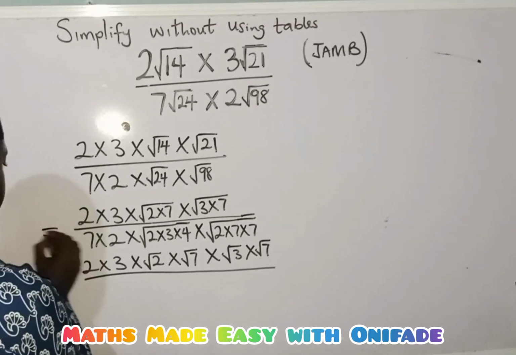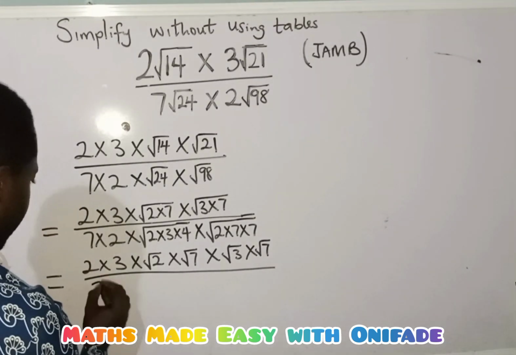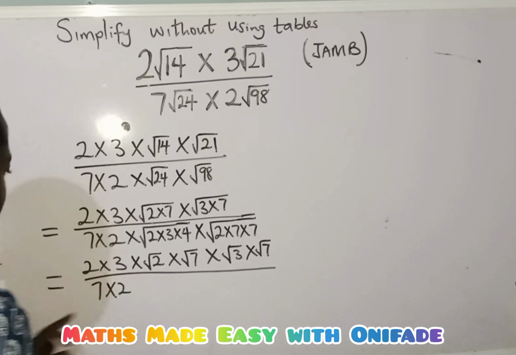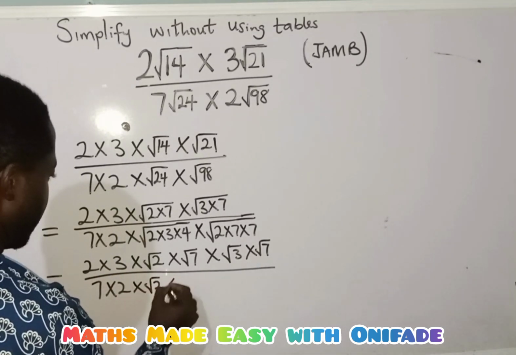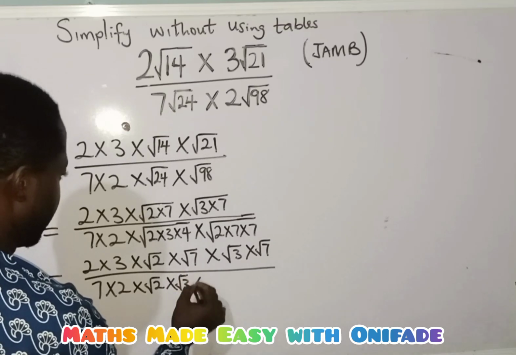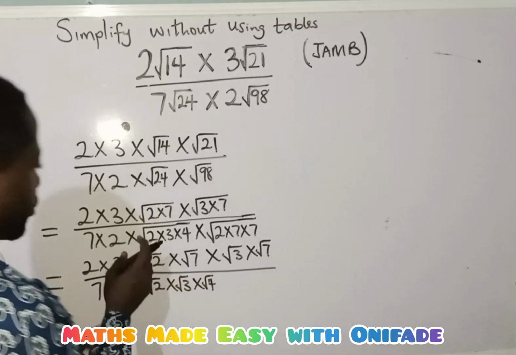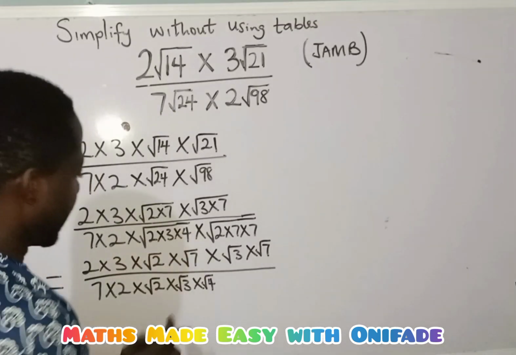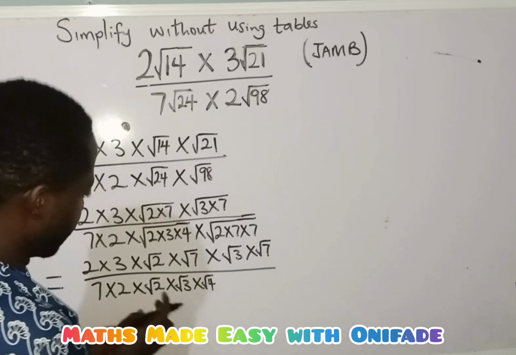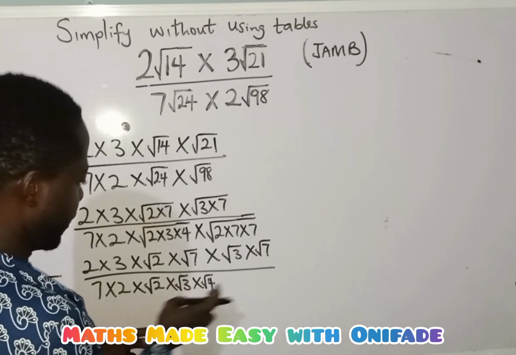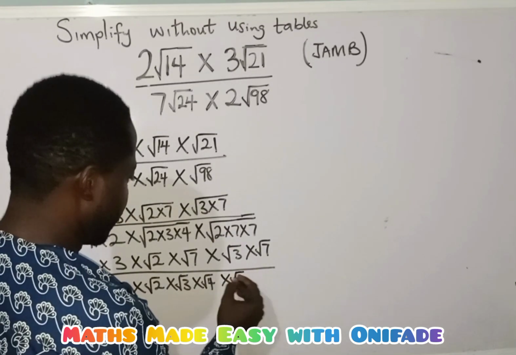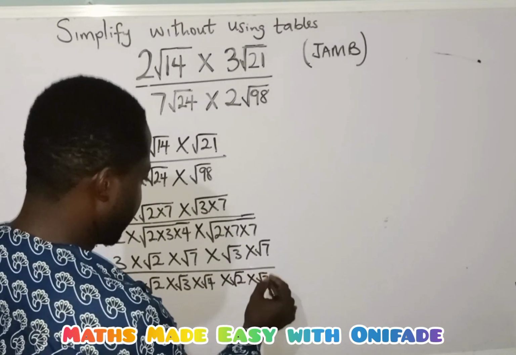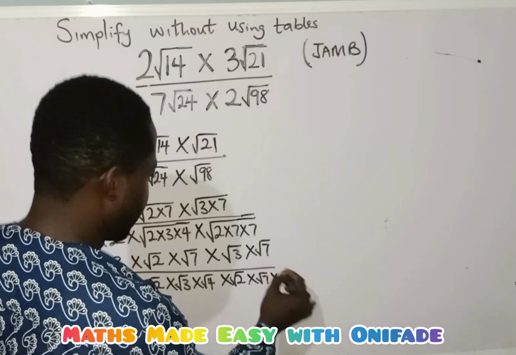For the denominator, I'm going to have 7 times 2 multiplied by root 2 multiplied by root 3 multiplied by root 4. Root 2 times 3 times 4 has been simplified to root 2 times root 3 times root 4. So I'm going to do the same thing for this. I'm going to have root 2 times root 7 times root 7.